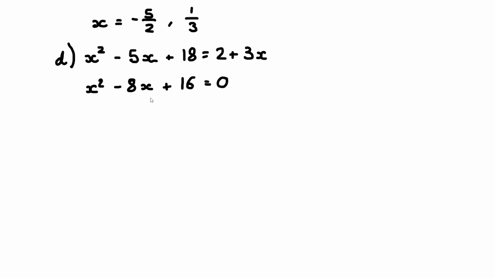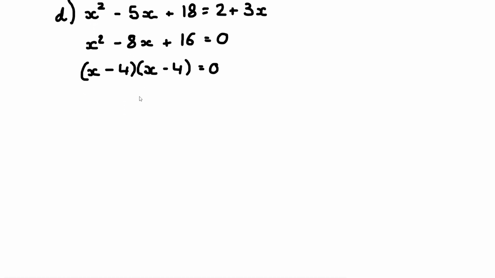So the two numbers that are going to multiply to positive 16 and add to minus 8 are minus 4 and minus 4, sorry. So in this case, the brackets are the exact same.